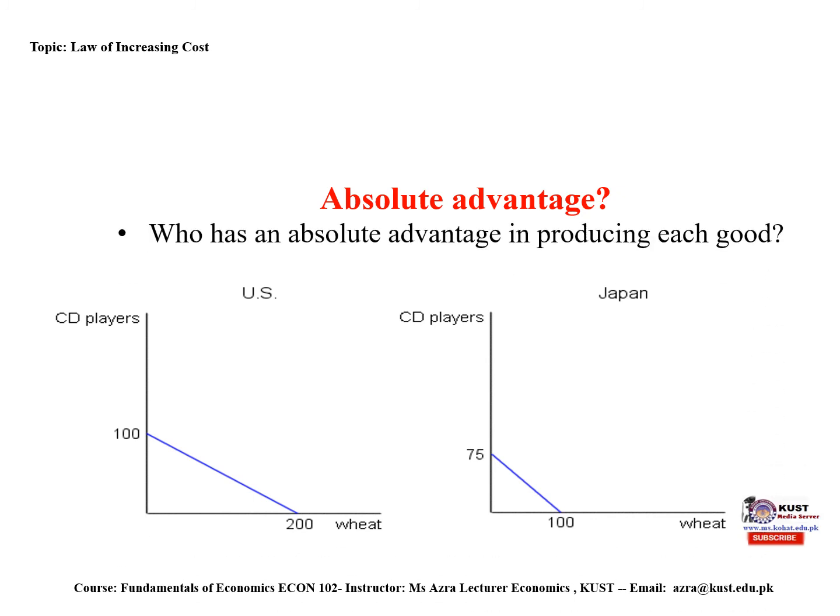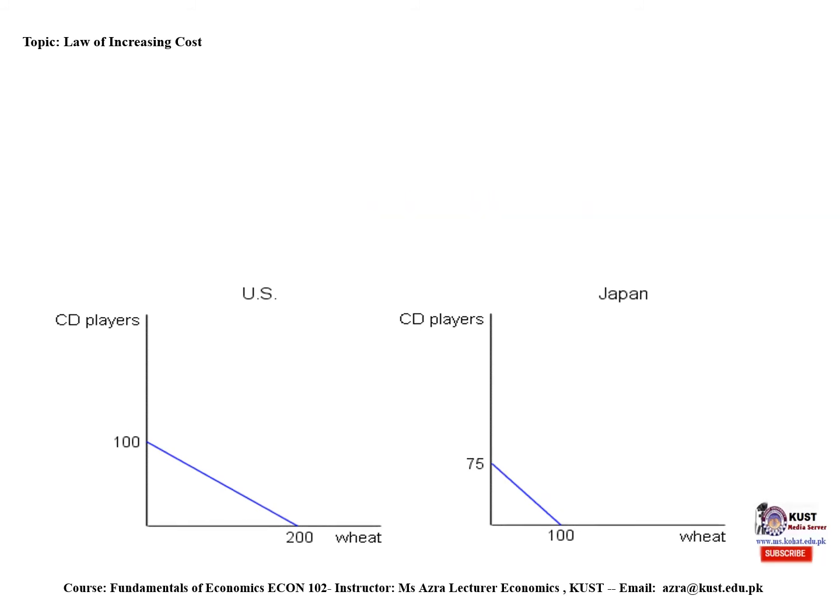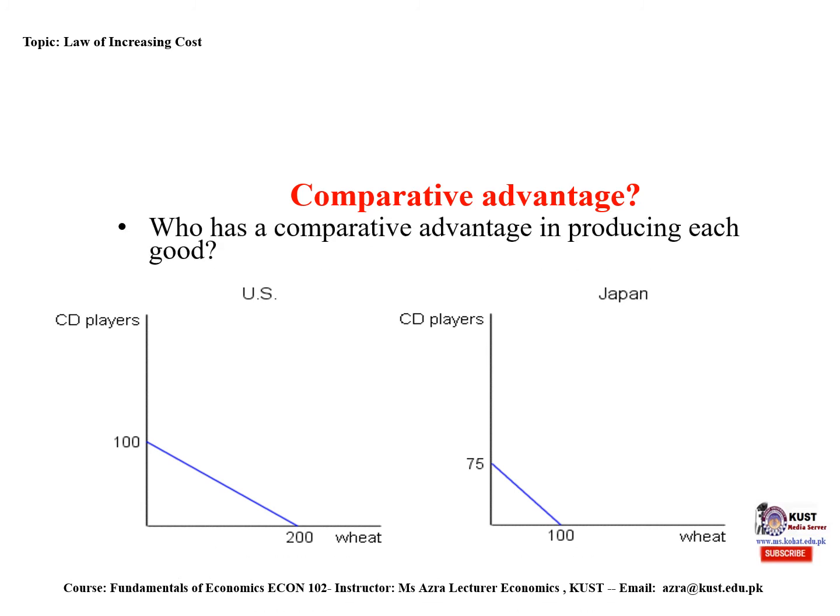You can see who has an absolute advantage in producing each good, either Japan or US. Both are efficient in producing wheat or CD players. For comparative advantage, who has a comparative advantage in producing each good?